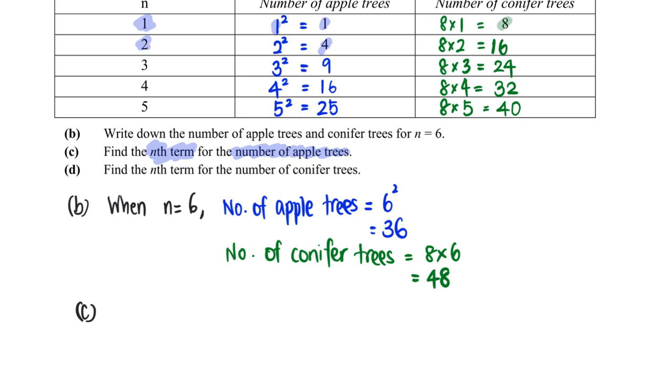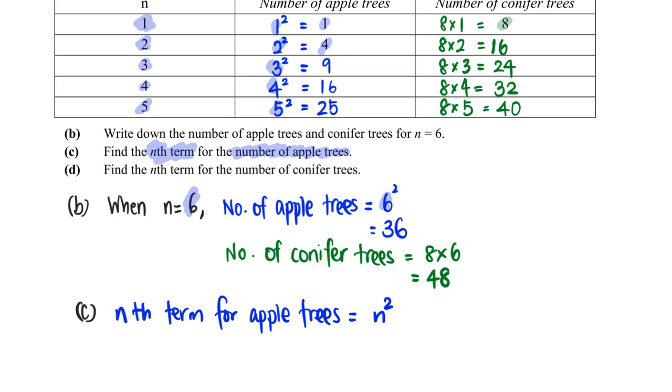When it is 2, 2 square, 3, 3 square, 4, 4 square, 5, 5 square, 6, 6 square, n. Brilliant! So, therefore, the nth term for apple trees is equal to n square.